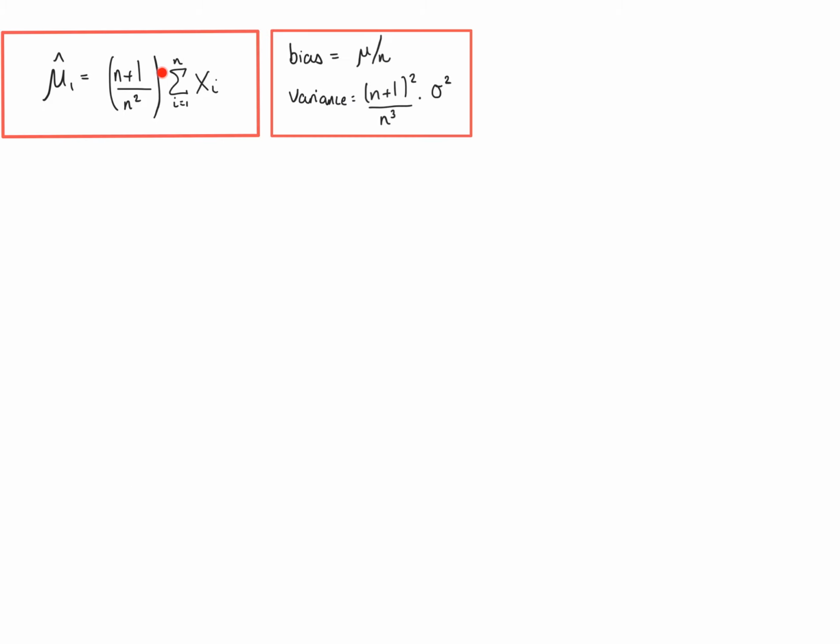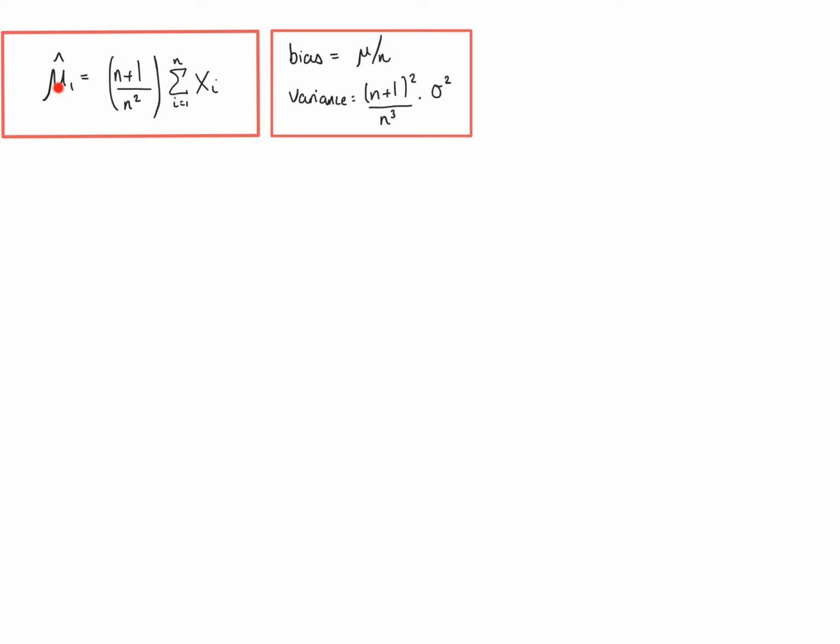So far we've analysed this estimator and we've shown that on average the estimator produces an estimate different from the true population parameter mu, and the size of the bias is equal to mu over n. Now a question that we might ask is what happens to this estimator as the sample size gets very, very large?